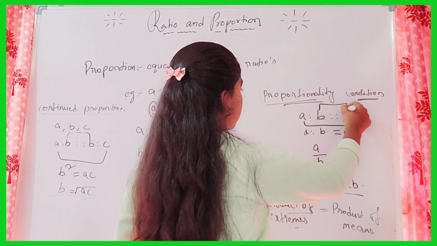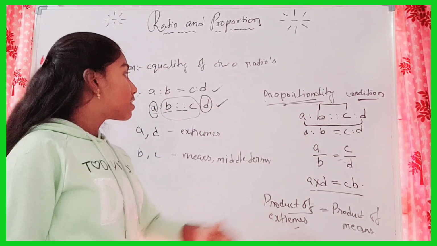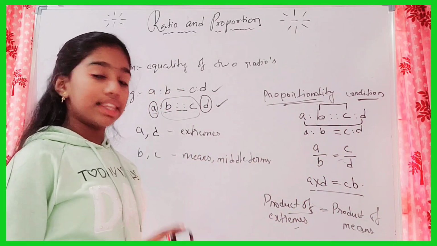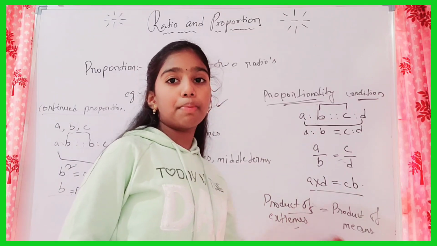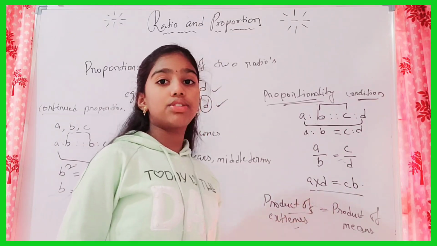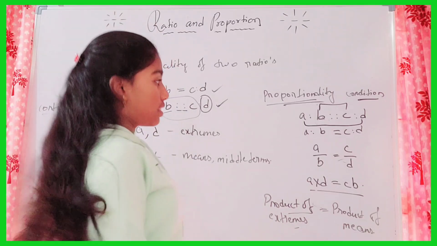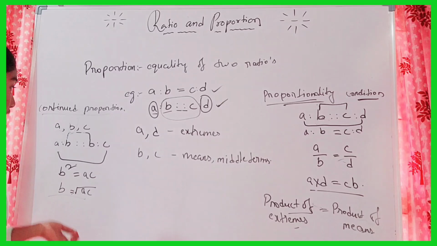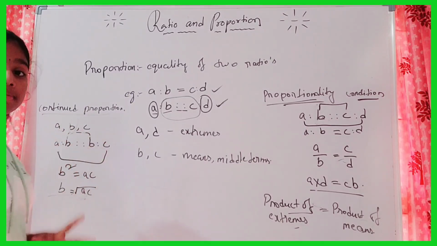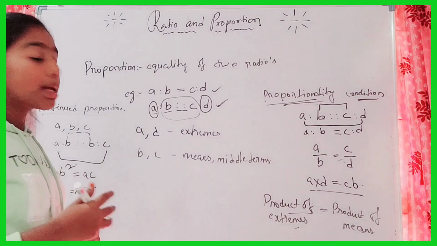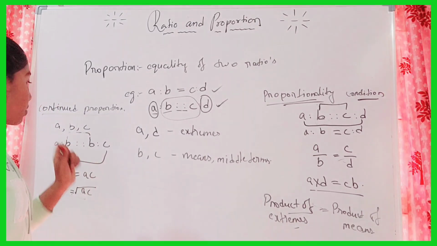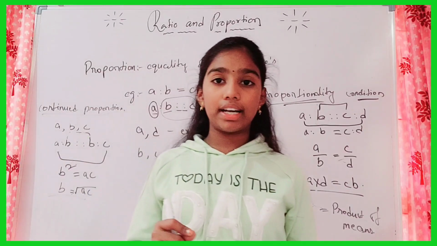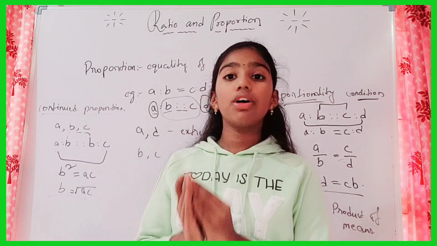A and D are called the extremes, B and C are called the means. Proportionality condition means product of extremes is equal to product of means, or A into D is equal to C into B. And this is continued proportion: if we take any three quantities and one quantity repeats, then those three are said to be in continued proportion.